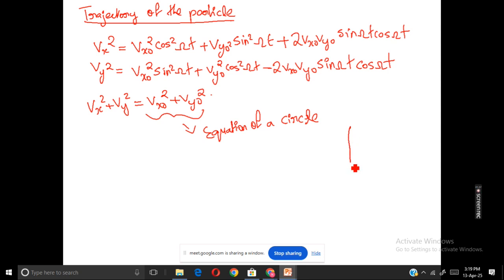So basically, the magnetic field is creating a circular motion in the xy plane. And we know Vz is constant. The particle will be moving like this in a helical motion.